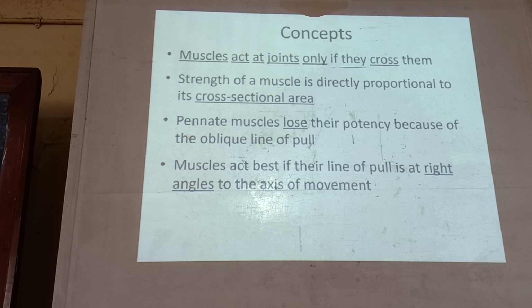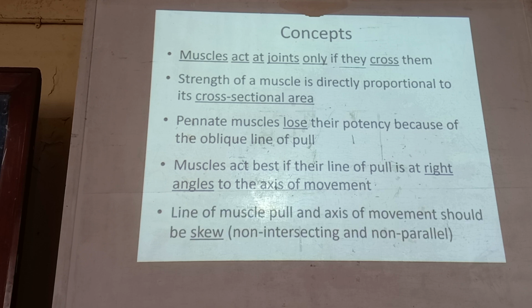Muscles act best if the line of pull is at right angles to the axis of movement. And finally, line of muscle pull and axis of movement should be skew lines. I don't know whether you have heard of the word skew in geometry.